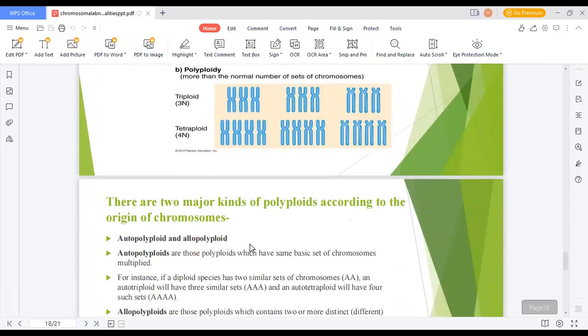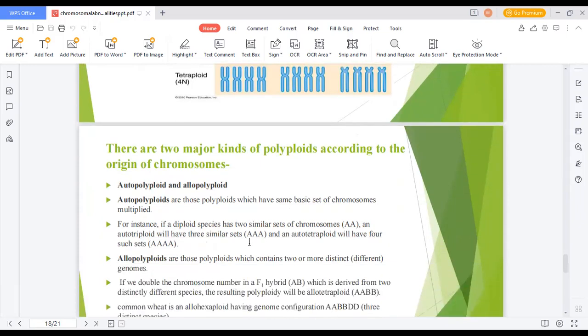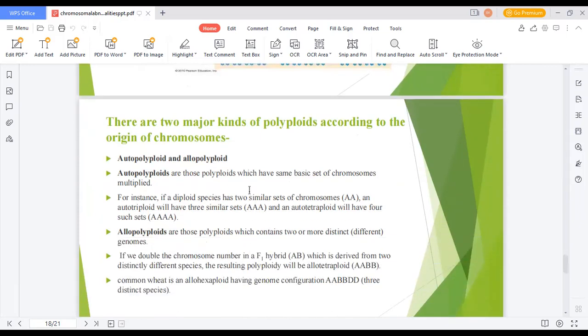So these polyploids again divided into 2 types, autopolyploids and allopolyploids. Autopolyploids means the set number of chromosomes belongs to same species. For example, a diploid chromosome having genome AA, it fertilized with a normal gamete, which is also containing a genome.